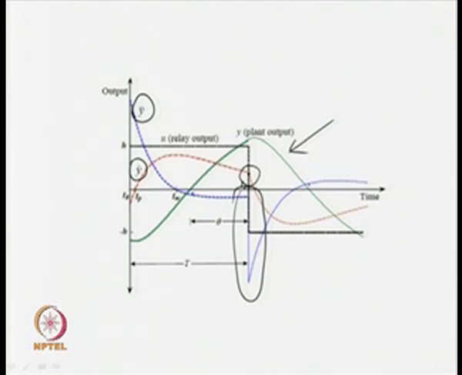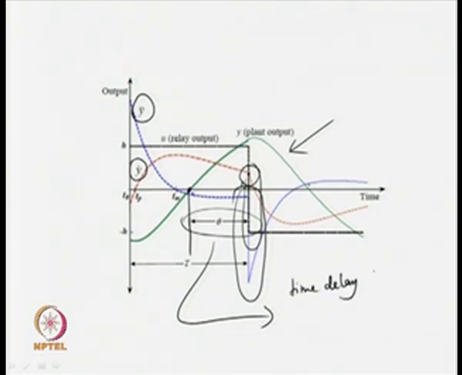Now a measurement can be made from the first zero crossing, as I have told. This is the first zero crossing for the plant output, and when the measurement is made from there till the time at which the abrupt change occurs, that magnitude gives us the time delay associated with the plant or process dynamics.